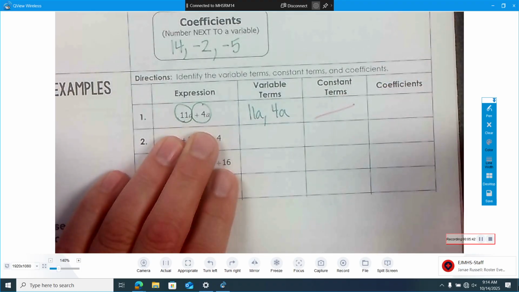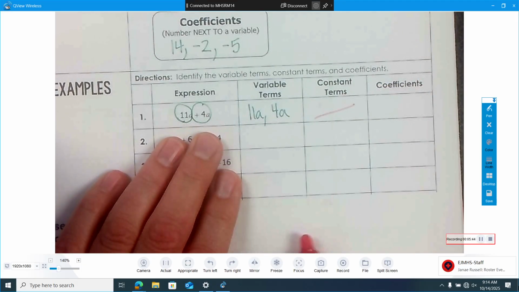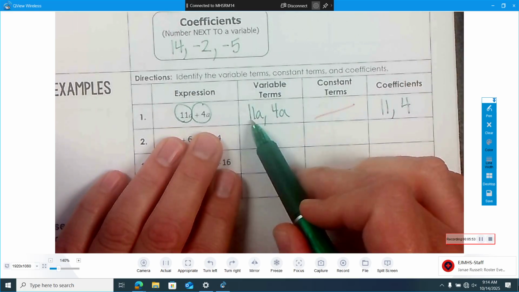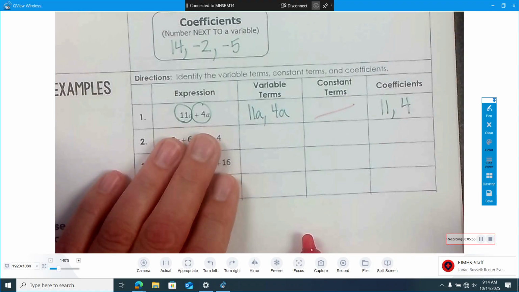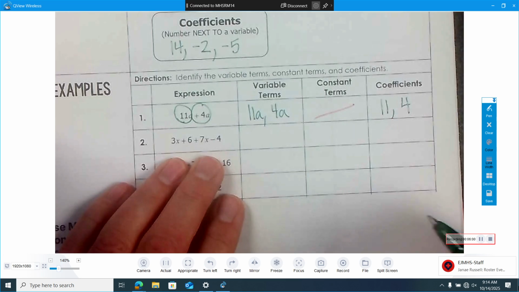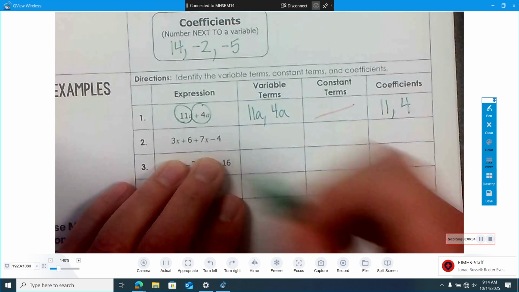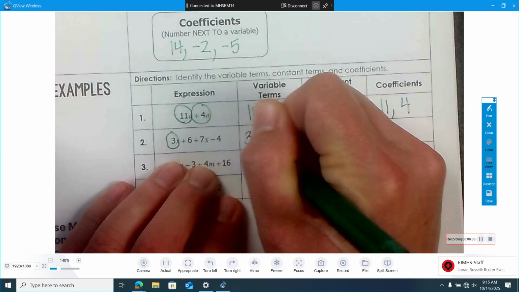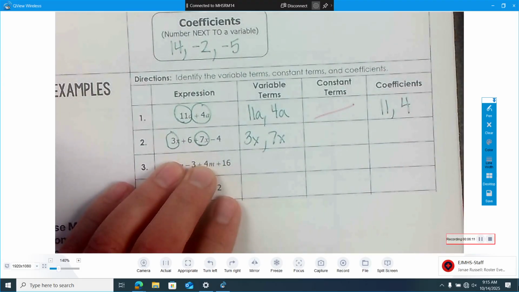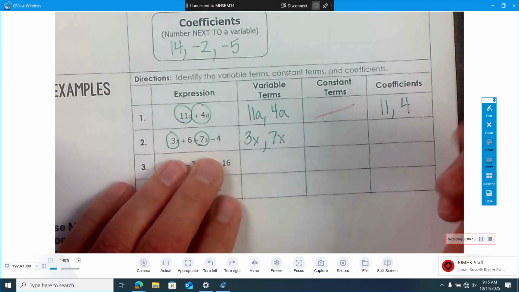No, there aren't any constants. What are our coefficients? The coefficients are 11 and 4. The coefficients are the numbers in front of the letters. So that's pretty easy. Let's look at number 2 here. What are our variable terms? Yeah, 3x and that positive 7x. Very good. What are our constant terms?